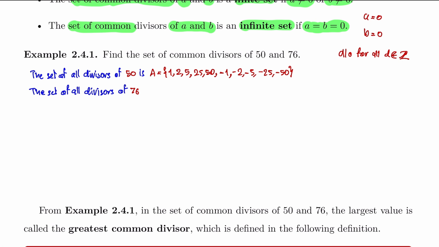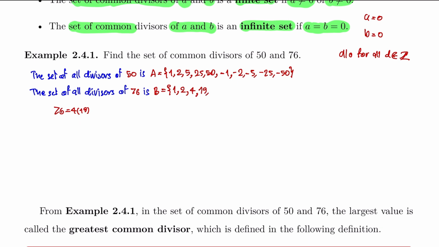I will call it set B, and we start from 1 and 2, and the next number is 4, because 76 is 4 times 19, so 4 is a divisor, and then 19. 2 times 19 is 38, and itself 76, and the negative numbers.